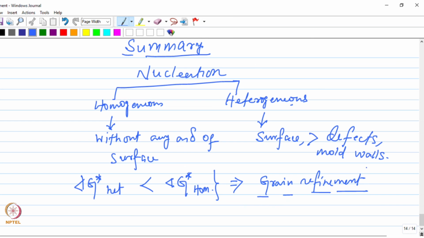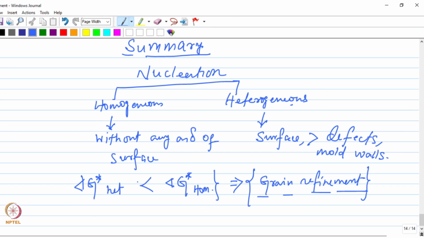Okay, so that's the idea behind this melt inoculation, as we call it, in which a grain refiner in the form of some solid particles is added to the melt for them to act as the heterogeneous nucleation site and lead to a finer grain size in the solidified material.